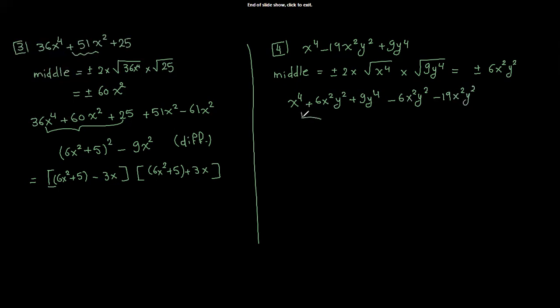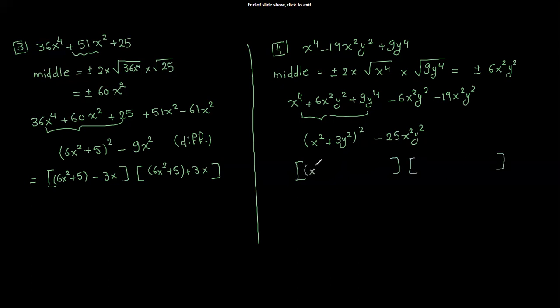So this expression will be perfect: (x to the power 2 plus 3y to the power 2) all to the power 2. And by negative 6 minus 19, it will be negative 25x to the power 2 y to the power 2. This expression will be the difference between two squares.